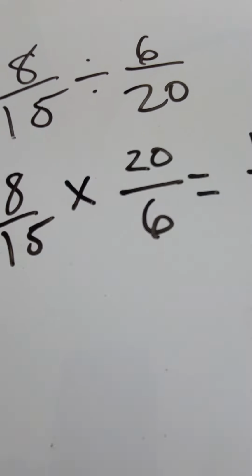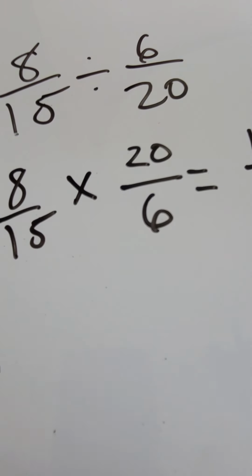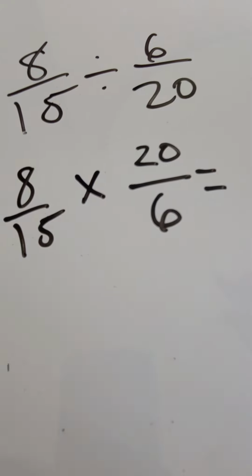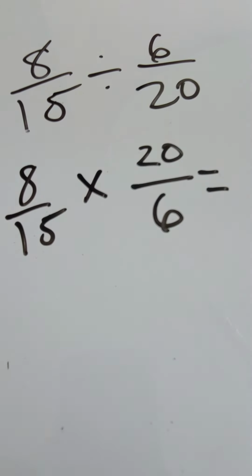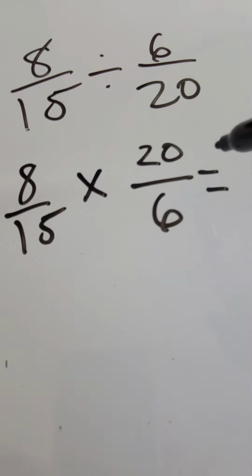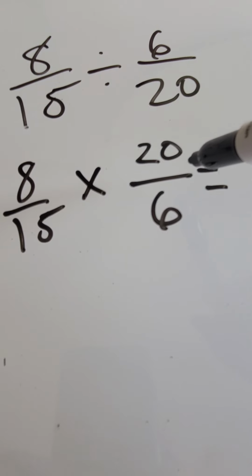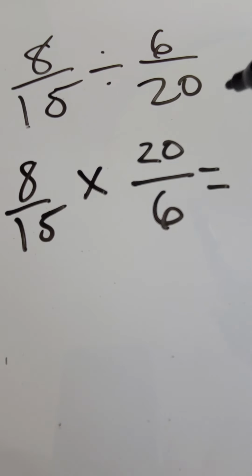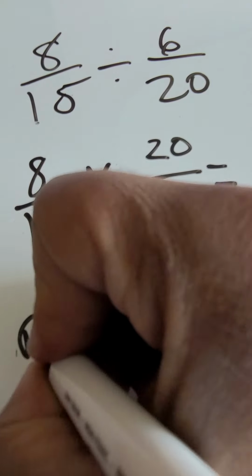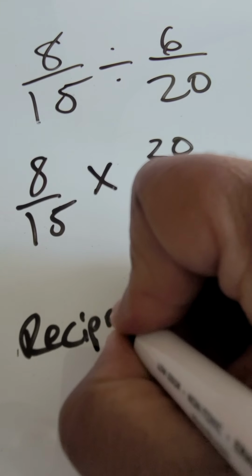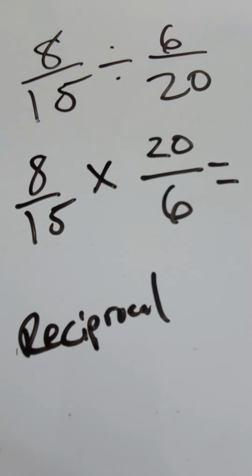Okay, so remember, when dividing fractions, you're always going to have to keep in mind how to multiply fractions. So the first 2 steps, we want to change our sign from division to multiplication. Then we want to change our second fraction here, and we're going to flip it or get the reciprocal. I believe I spelled that correctly.